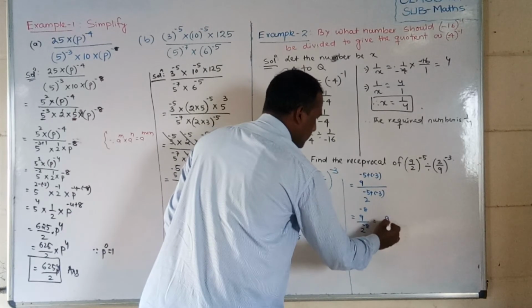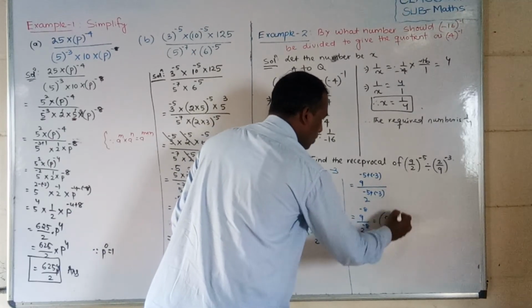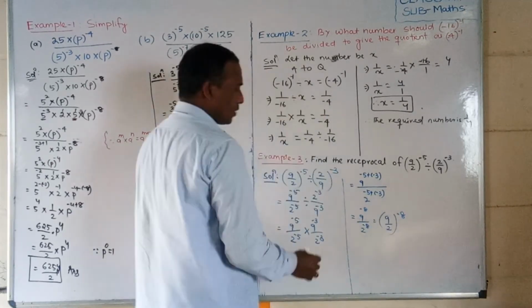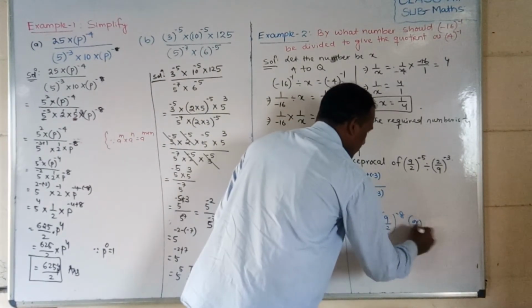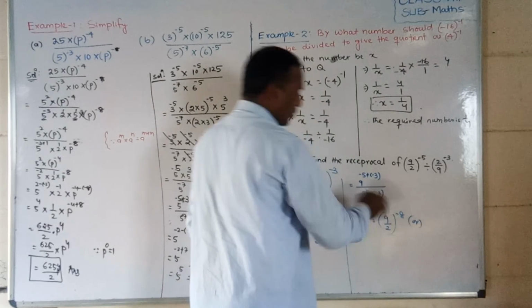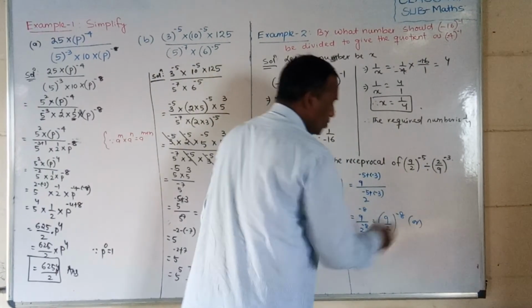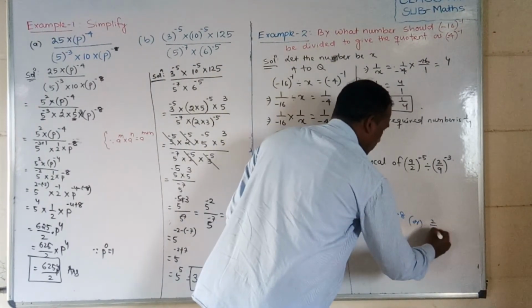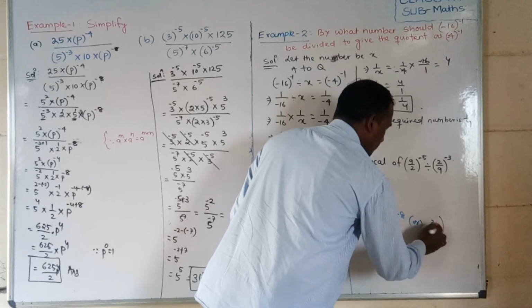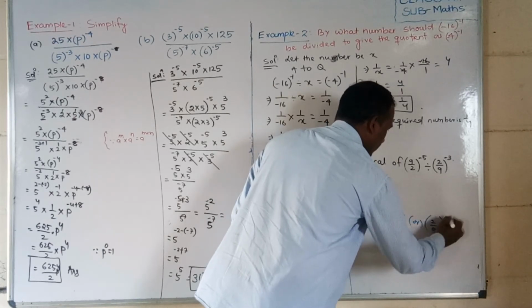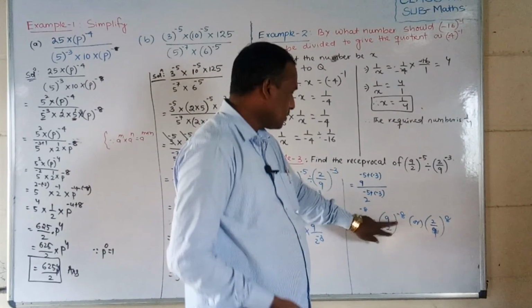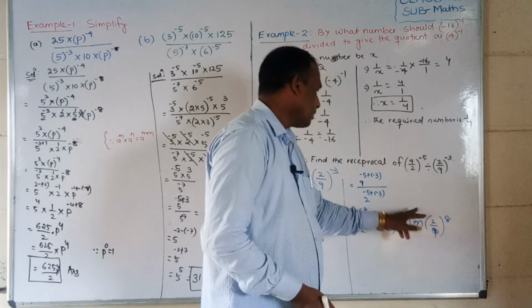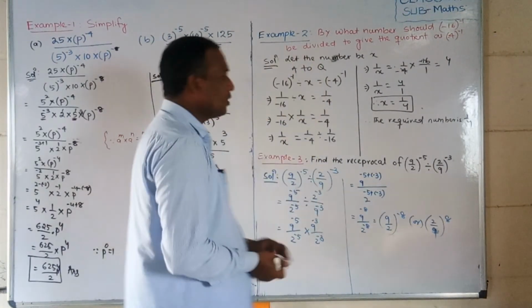So you can write it as 9 by 2 whole power minus 8. Or, if you want the reciprocal, we can write it as 2 by 9 whole power 8, because the negative sign means it will be changed, so 2 by 9 power 8. So this is our answer.